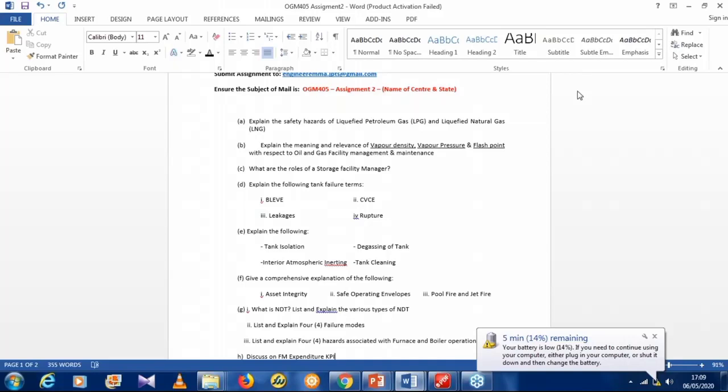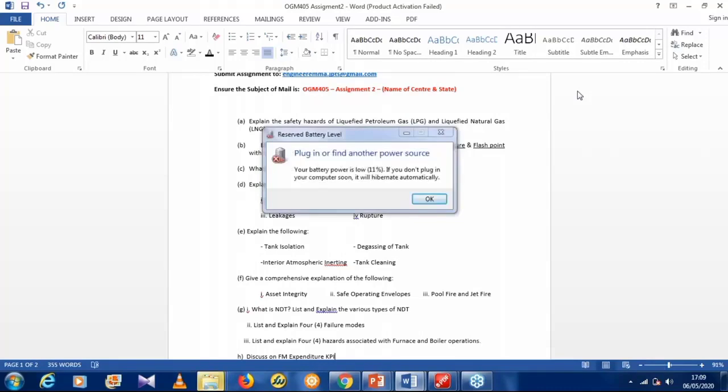Consider that a leakage, which is also a loss of containment. They are all loss of containment, whether the fluid is coming out from a pipeline, from a valve, from a fitting, or even from a tank, maybe as a result of poor maintenance and the rest of them.